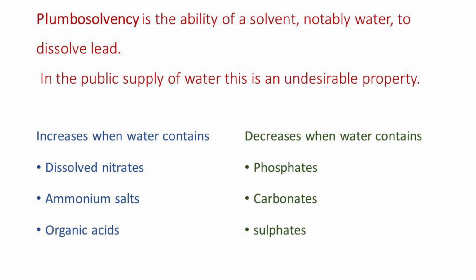Plumbosolvency increases when water contains dissolved nitrates, ammonium salts and organic acids. Plumbosolvency decreases when water contains phosphates, carbonates and sulfates. The decrease is due to the formation of a protective coating of insoluble lead salts on the surface of the metal.